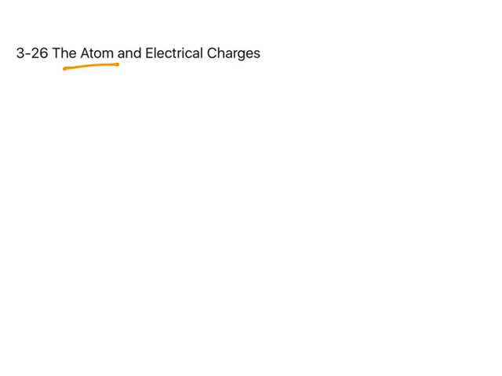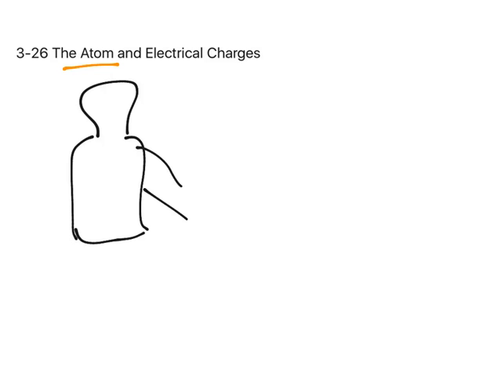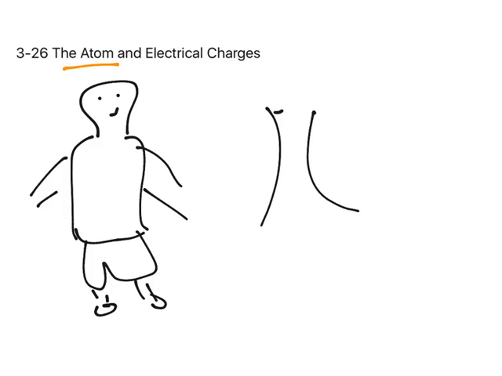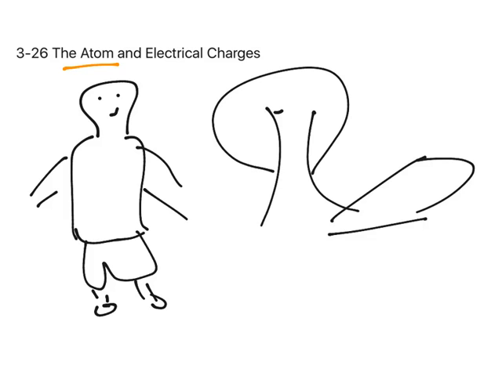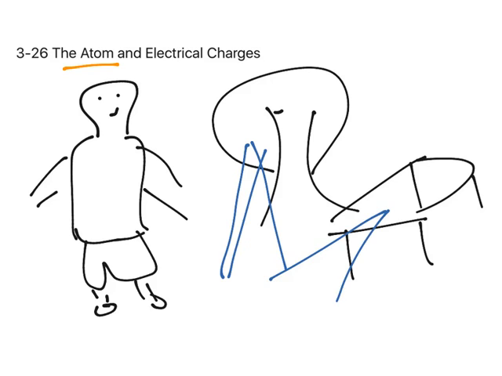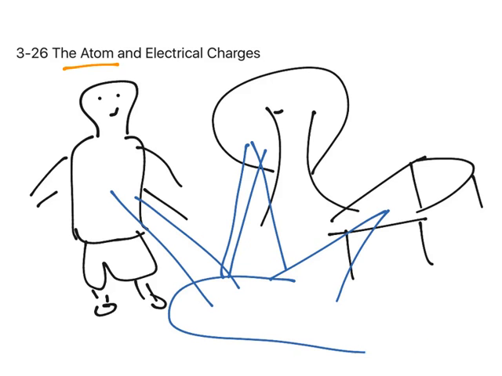To help us answer that question, we need to look at the atom. Remember that, take any person or object, look inside. It doesn't matter whether it's a person, a tree, or an object, like a table.